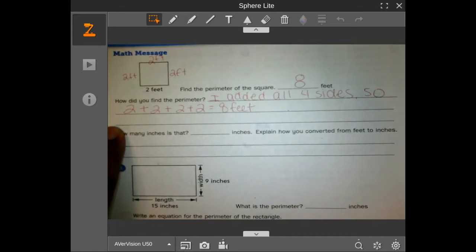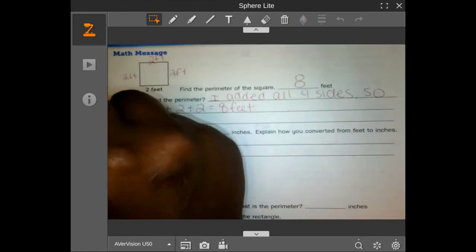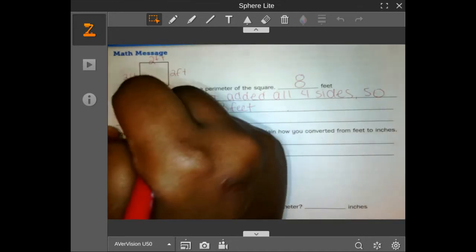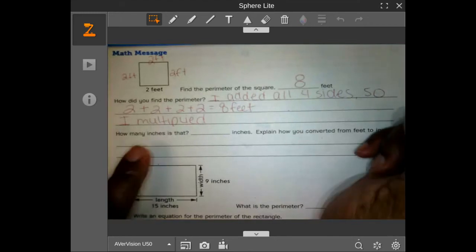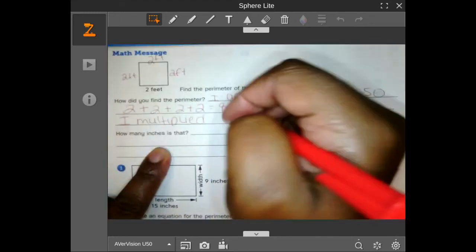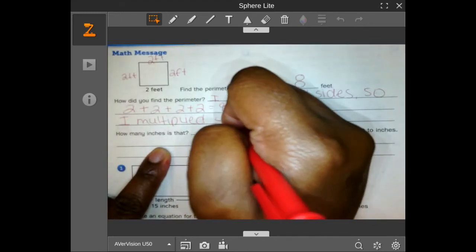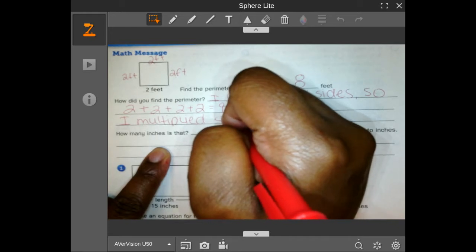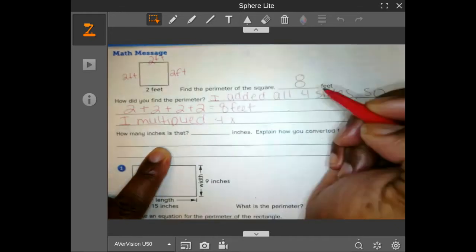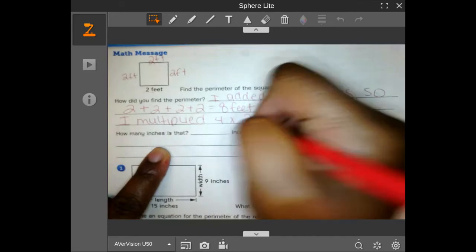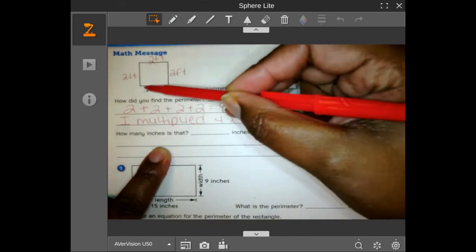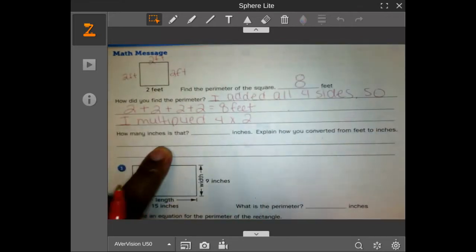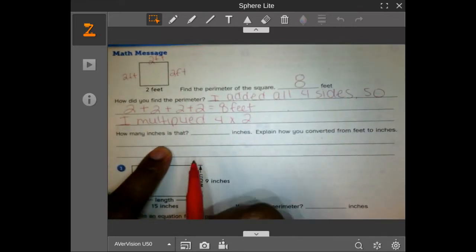Another way that you could have solved the perimeter is multiplied. If you multiplied, I want you to tell me. I multiplied 4 times, yes, 2, because I have 4 sides, 1, 2, 3, 4, and each side is exactly 2 feet.